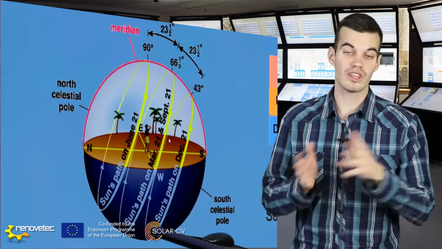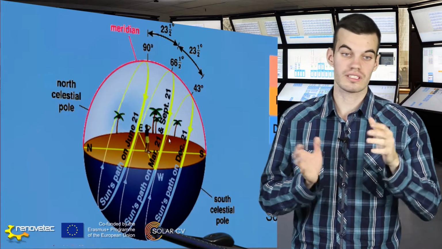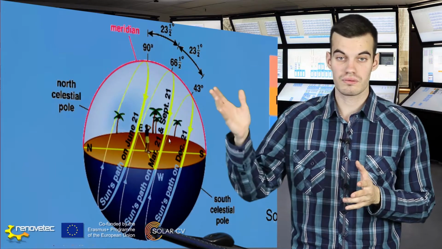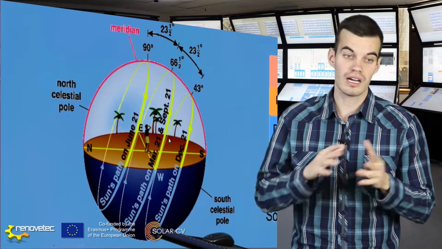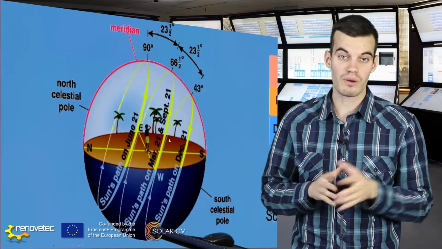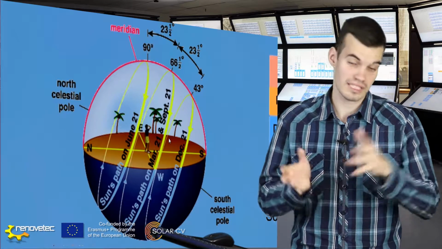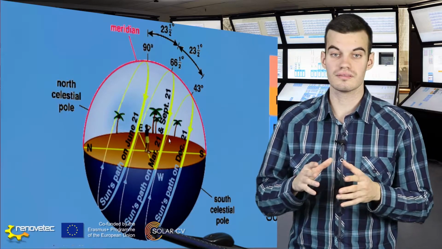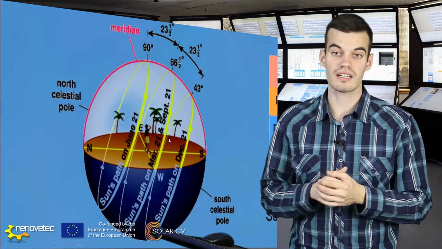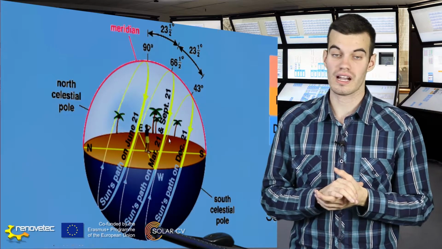For example, in the northern hemisphere we have sun hours from 6 a.m. more or less to 10 p.m., and on the other hand in winter the sun hours start at more or less 8 a.m. and finish at more or less 6 p.m., so the difference is very high.